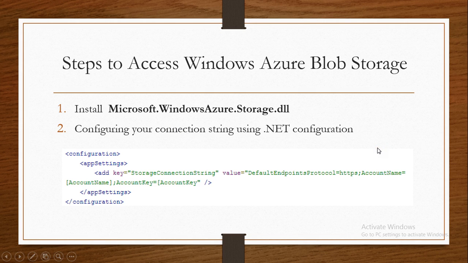With the storage client, you can use blob storage, table, or queue storage. Okay, so to get started with application development, what are the things that I need? The first one is I have to install my Microsoft.WindowsAzure.Storage DLL. So how am I going to do that?